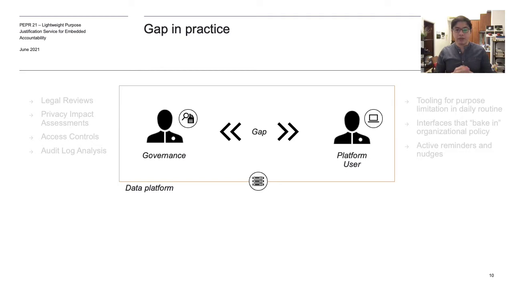So what we can observe here is a gap between the governance function as well as a platform user function. This gap makes it difficult to understand if purpose limitation principles are actually upheld in practice on an ongoing basis. Such challenges are amplified in any modern data platform, where it is often hard to scale evaluation processes across a wide variety of users and teams.